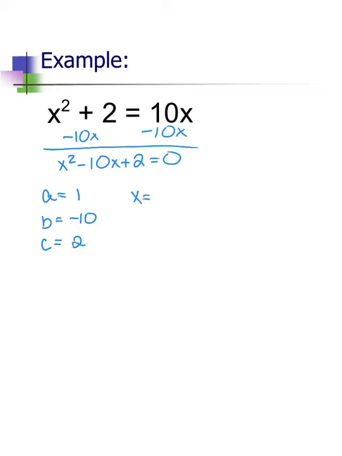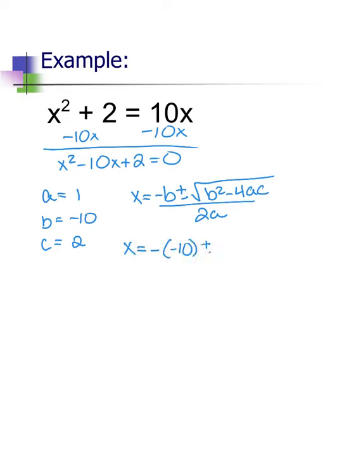We're going to write down the formula. We're going to plug in what we know. B is -10 plus or minus the square root of -10 squared minus 4 times 1 times 2, all over 2 times 1.